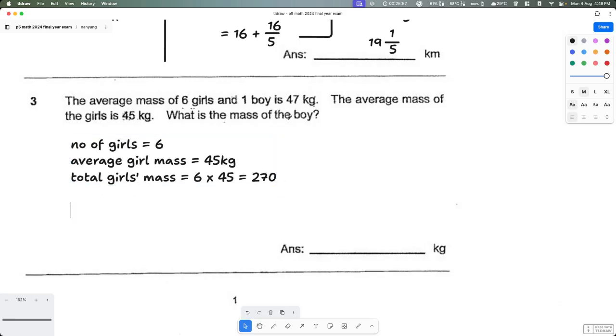Second part is, let's say, I'll just call this one group. Okay, I'm just going to put here as group.